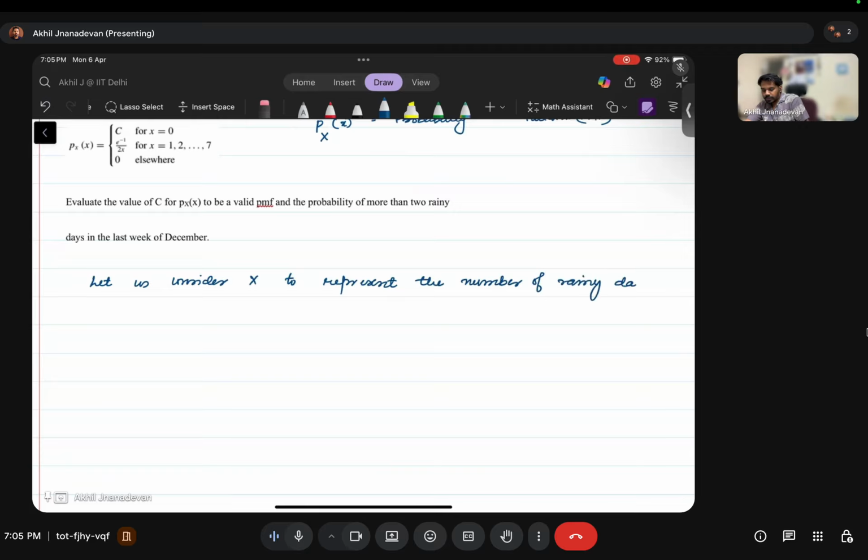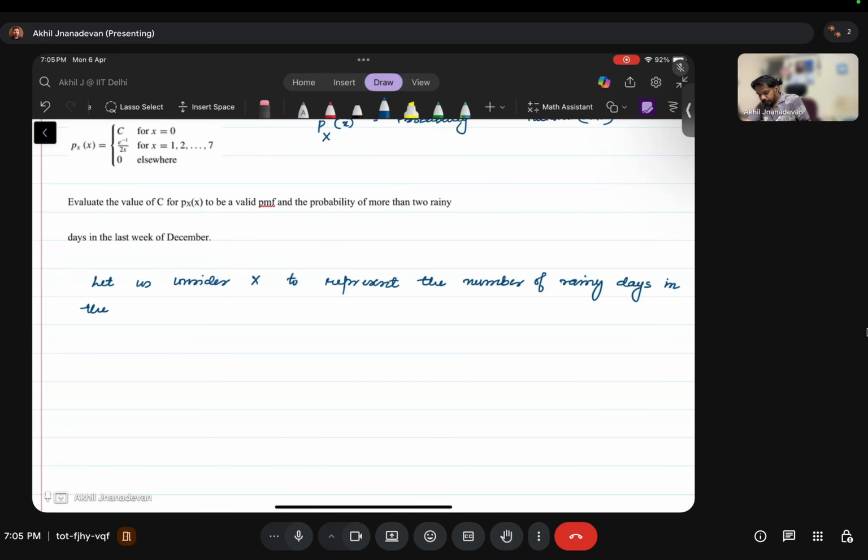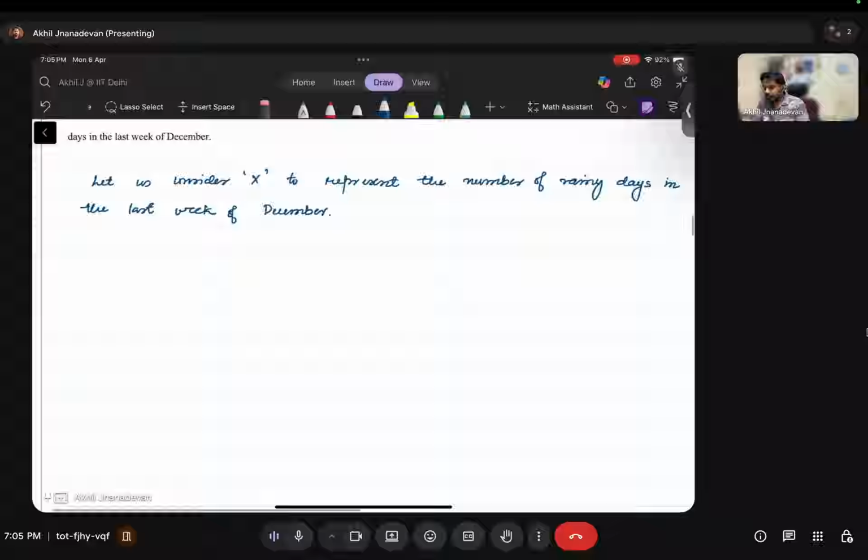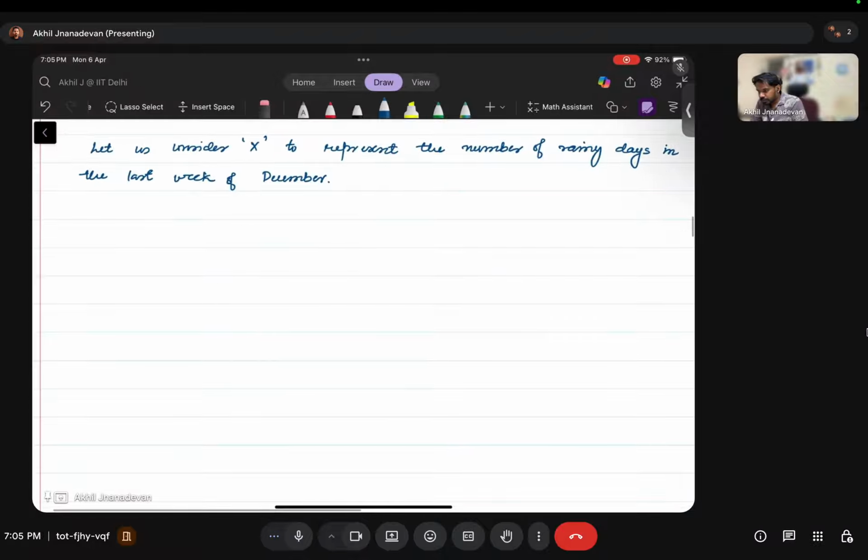That is our discrete random variable in the last week of December. So this is what we are defining: X, our random variable, is the number of rainy days in the last week of December.